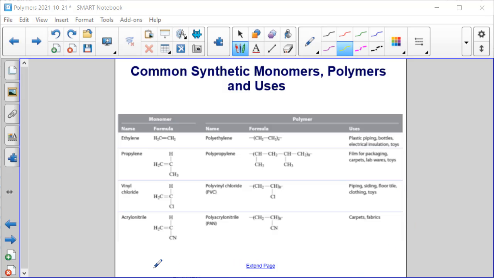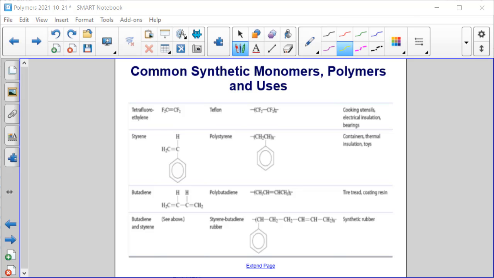And one we didn't look at was this acrylonitrile monomer, which forms polyacrylonitrile polymers used in carpets and fabrics.